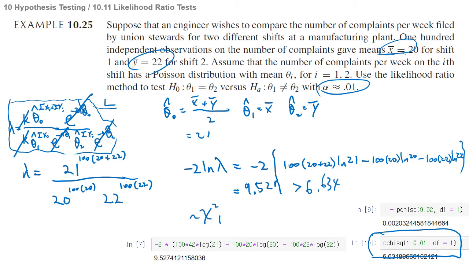So we are going to reject the null hypothesis, reject H0. So this is our result, and also you can calculate the p-value using this value 9.527 directly. If you put it this way, you can calculate the p-value. Okay.